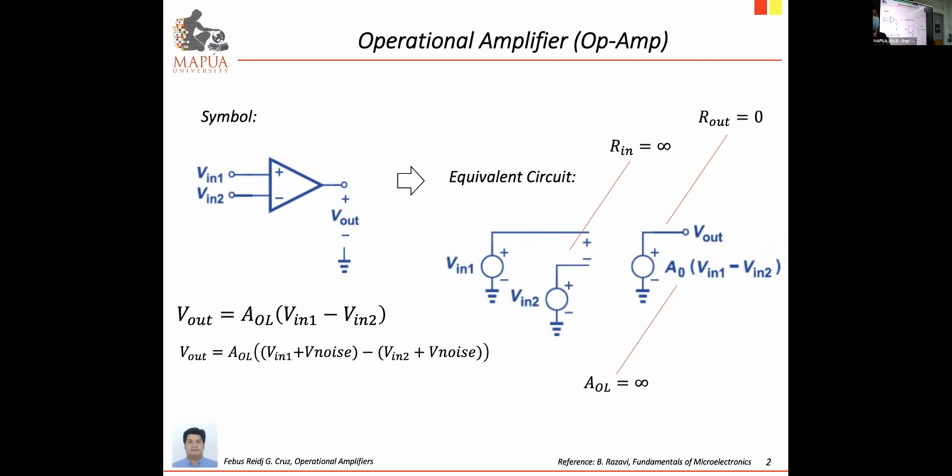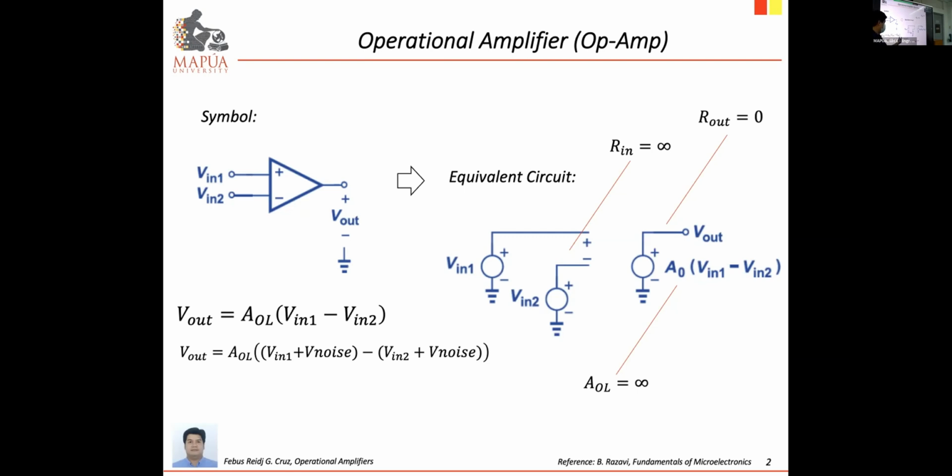So in any of the op-amp integrated circuit packaging, the two inputs are always placed very near with one another so that the noise produced in one pin would be the same on the other pin. So we can express our equation as the output voltage equal to open loop gain multiplied by this time Vin1 has a noise.